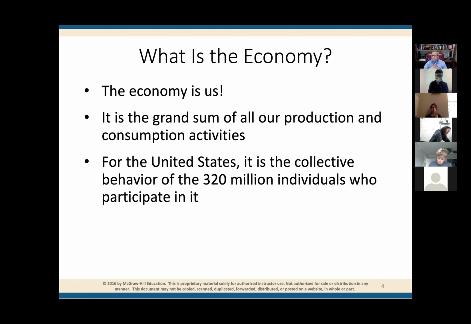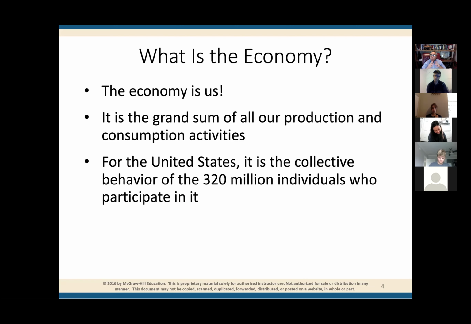For example, the United States is one of the largest nations of the world. I don't know if you know this, but the United States is the third largest nation in the world by population. We have China #1, India #2, and the United States is #3. We have 326 million people in the United States, and they make decisions every day.